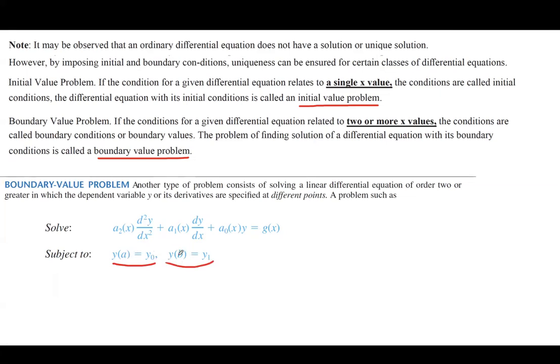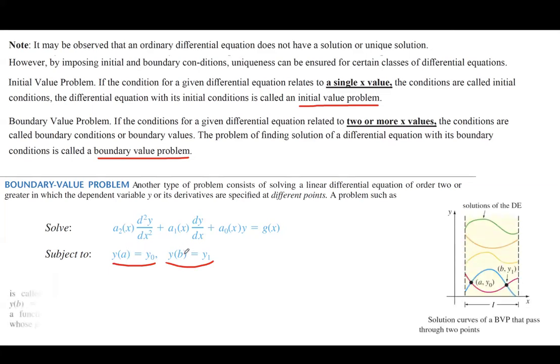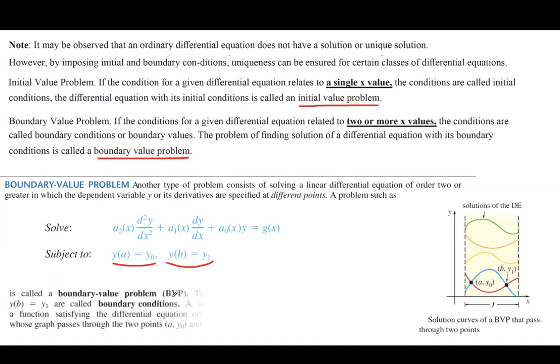Please note that we are using a and b; it's not the same value. It's called a boundary value problem, or BVP. The prescribed values y(a) = y sub 0 and y(b) = y sub 1 are called boundary conditions.